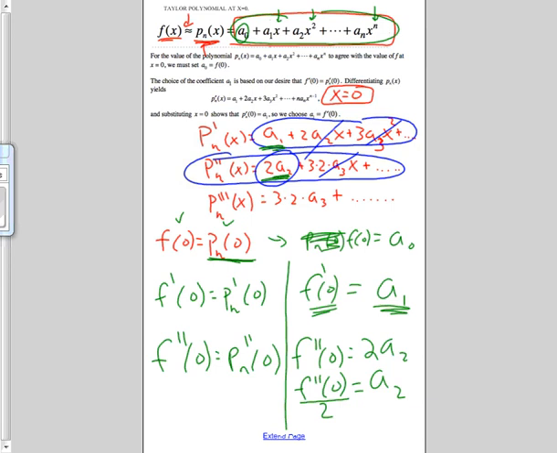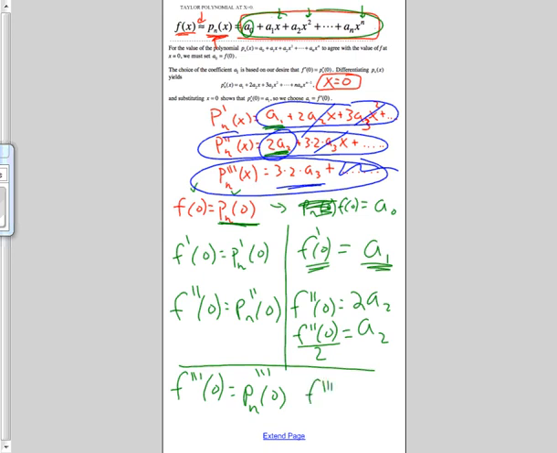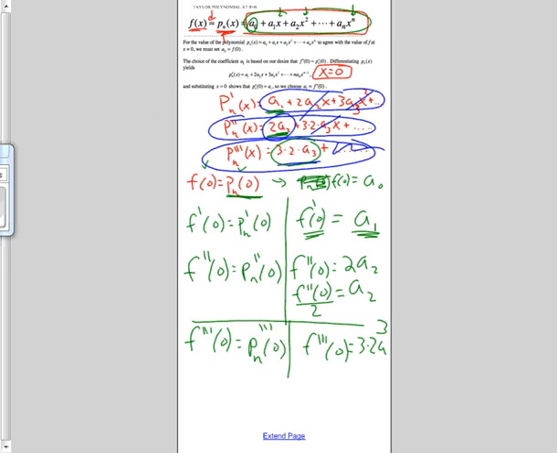It's an iterative process. You start seeing what's going on here. Let's do just one more so it becomes very clear. The third derivative of my function at 0 must equal the third derivative of my polynomial function at 0. So looking at my polynomial function at 0, when x is 0, these terms all go to 0, and I get left with the fact that f triple prime of 0 must equal 3 times 2 a sub 3.